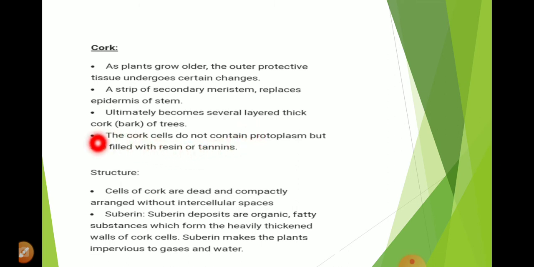These cork cells do not contain any protoplasm, but they have some chemical substances called resin and tannin. Resin is a glue-like substance, and tannins are chemical substances which provide the bitterness to the woody tree. So these are the chemical components of the cork cell.